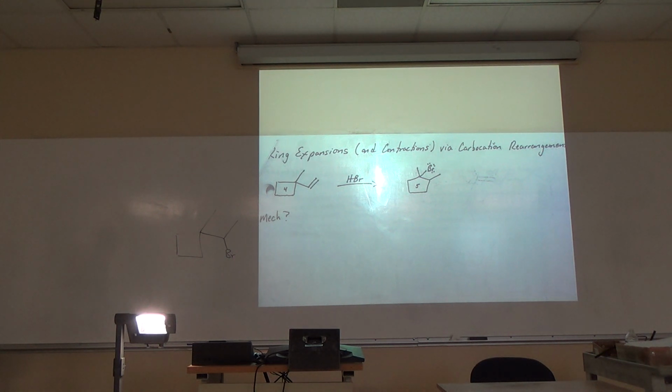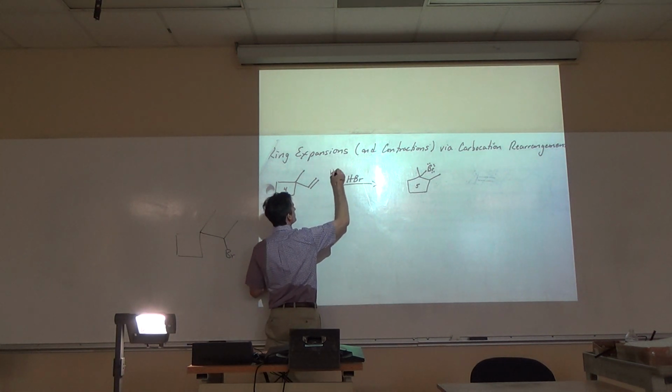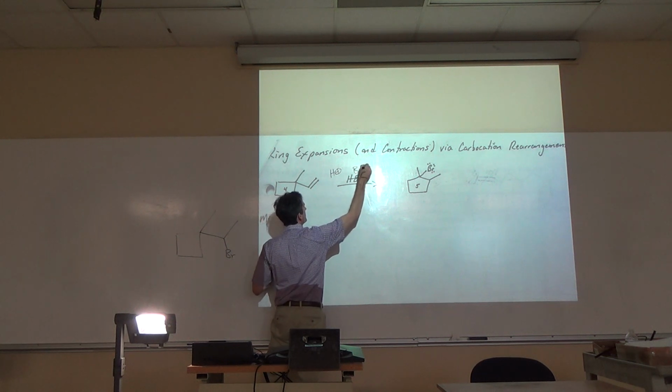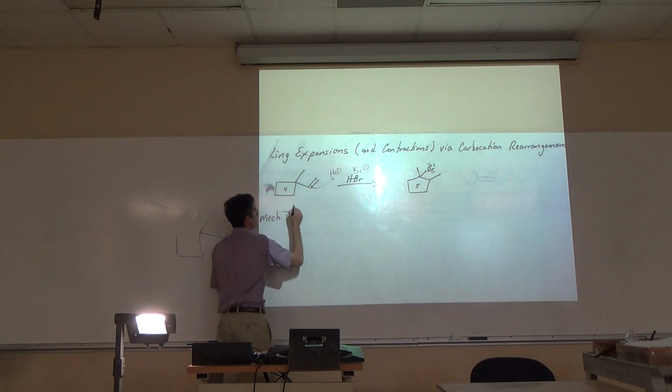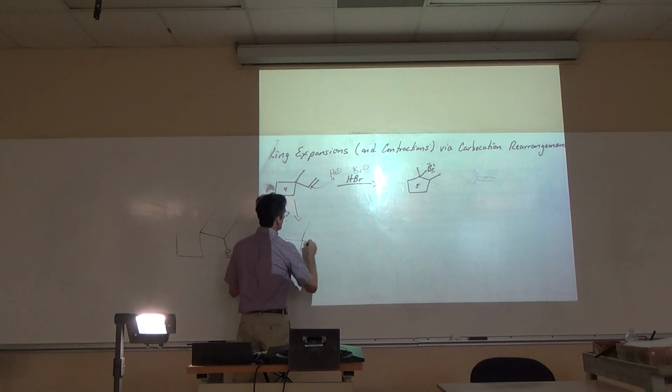This is not so standard. We've got a ring expansion going on as well. Okay? Mechanism. Well, the first step is the same step here. H plus, Br minus, these electrons attack here. One step at a time. Methyl, H here, and cation here.